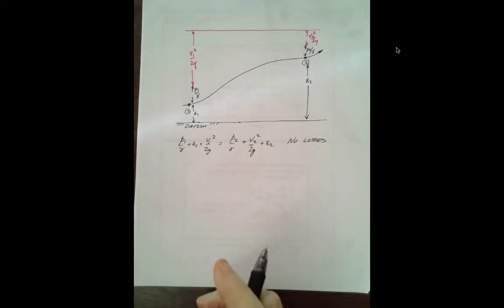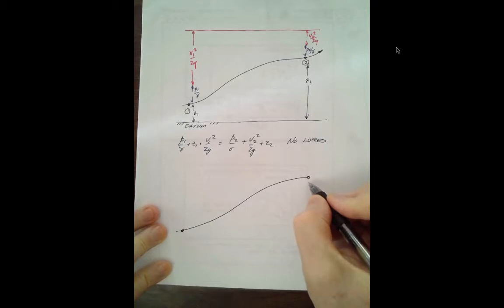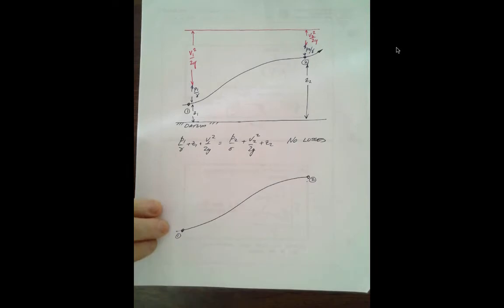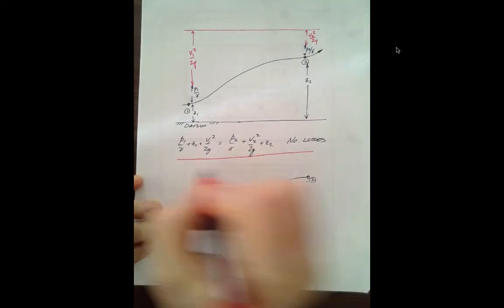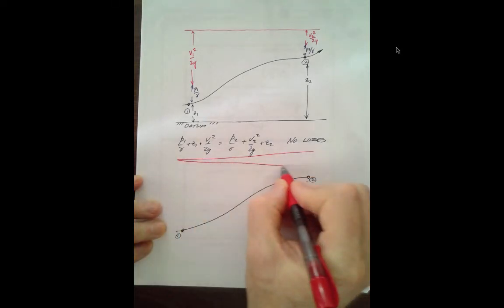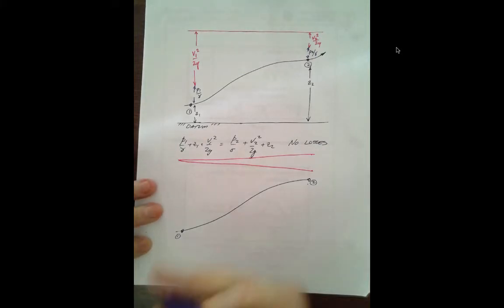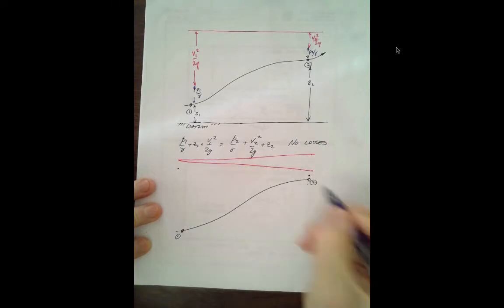Now, that's not realistic. So in real pipelines, there are observed head losses. So let's redraw the picture in a little bit more realistic fashion. There's my point 2, there's my point 1. And because of head losses, that energy line, which we thought was flat, actually slopes downhill in the direction toward the pipe. And I'll try to get my pressures more realistic too.